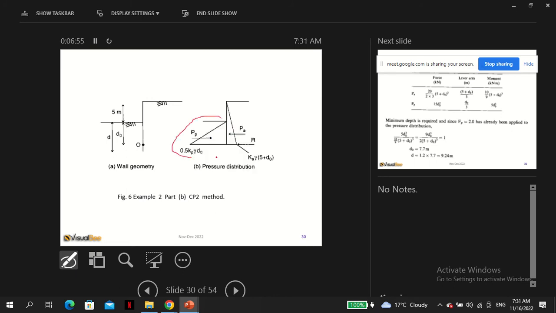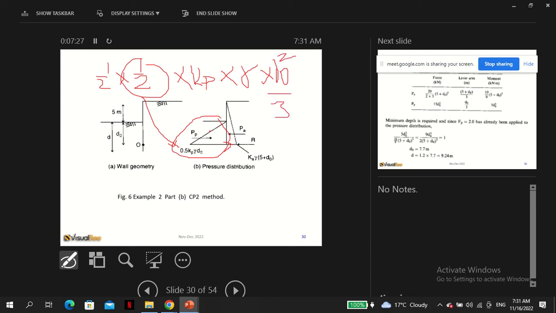The moment at the bottom because of this would be half times half, because we already have 0.5 there, times Kp times gamma times d naught, but d naught squared, because d naught times d naught over 3. It should be very easy.